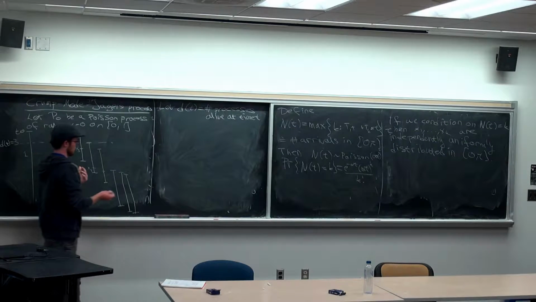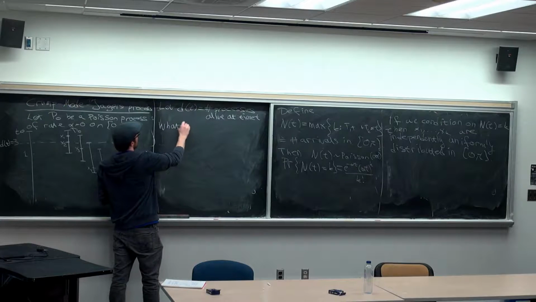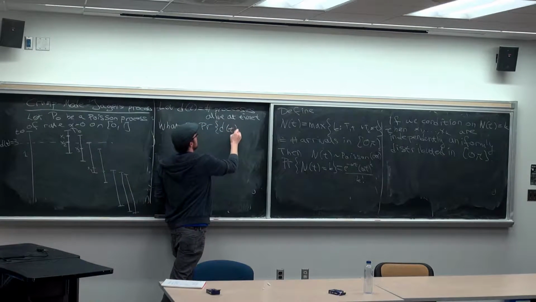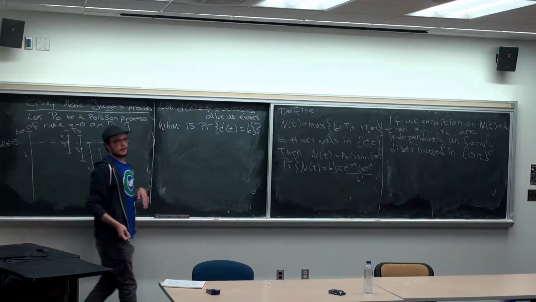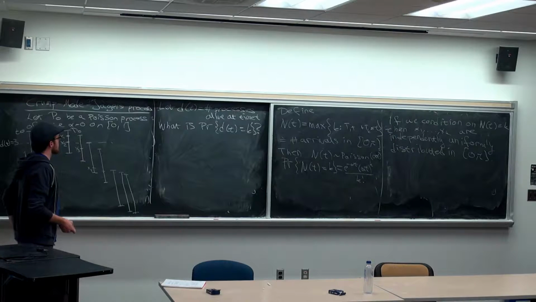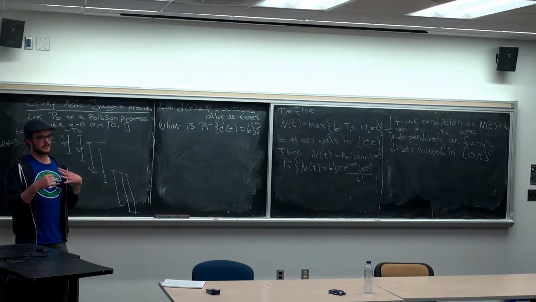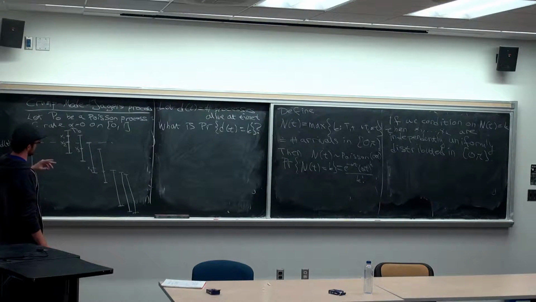We want to know the distribution. So what is the distribution? What is the probability that D of t equals k? Now this is not the same as asking about the number of individuals in a generation for a branching process. Let's see if I can think of a counterexample here.